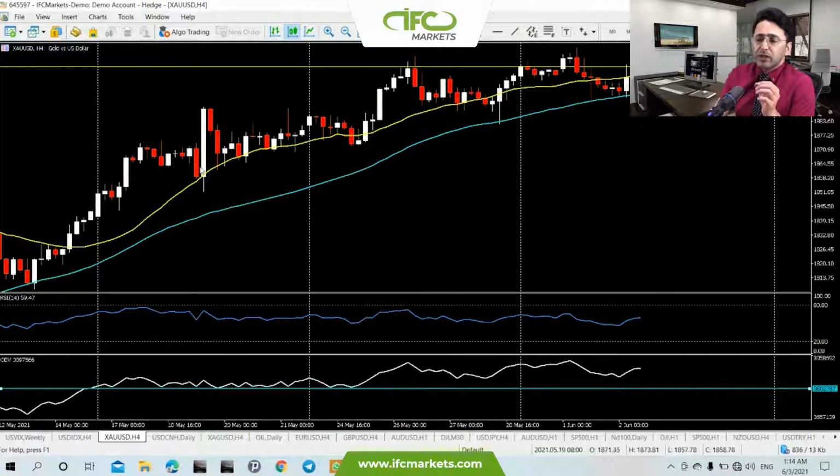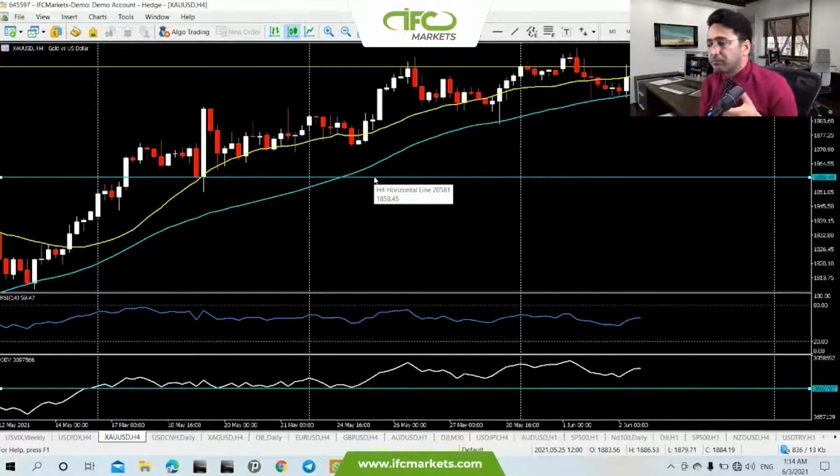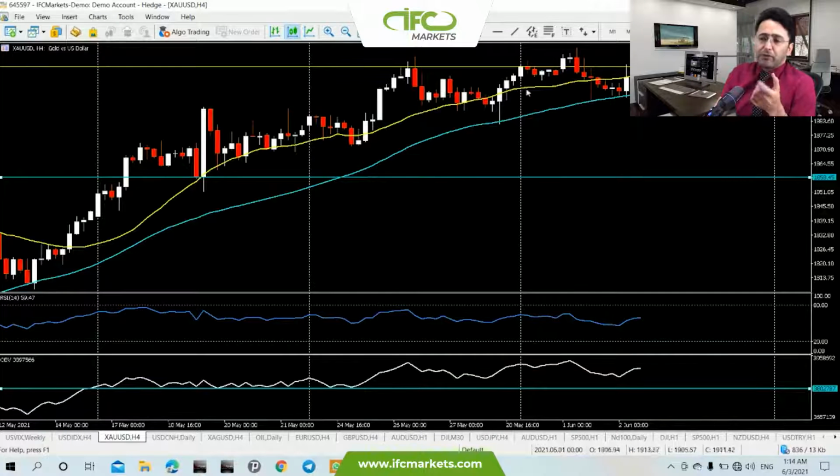When your price crosses down or breaches under your 20 moving average, it means it's a good place to buy. For example, for gold, you could buy at 1,860, while the price right now is 1,900. So here, only about $50 lower than the current level.